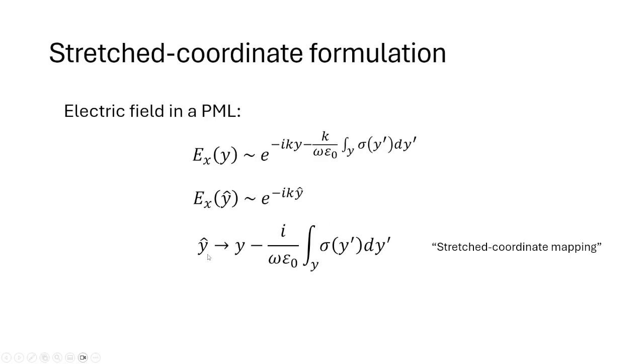So basically what we're saying here is that in our PML region, we're literally going to make space complex. Maybe that's a little confusing, but just know that by doing this, we are basically forcing our fields to be absorbed in that region of space. So wherever we make this transformation, we're forcing absorption to happen.